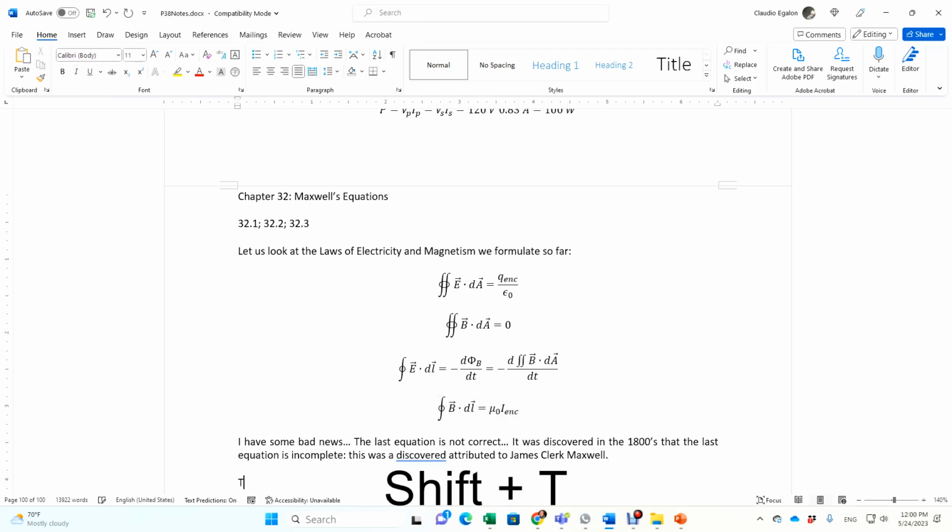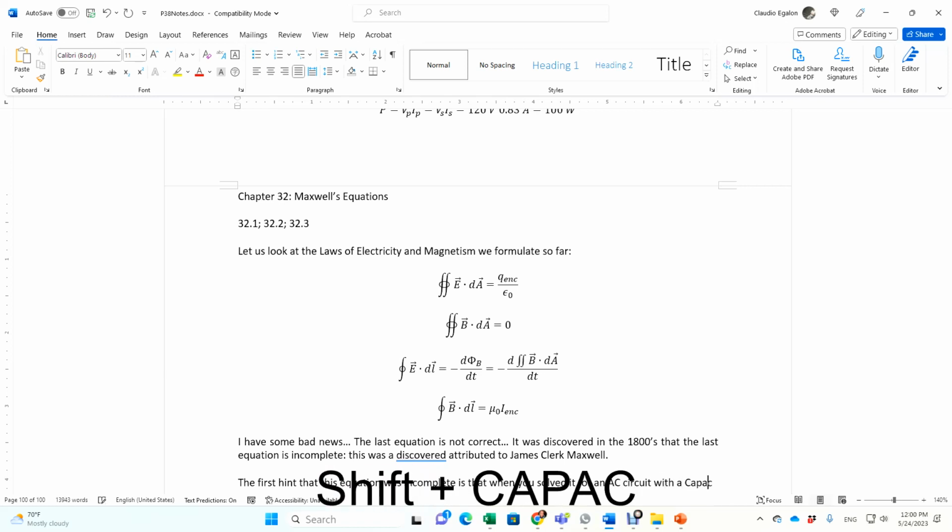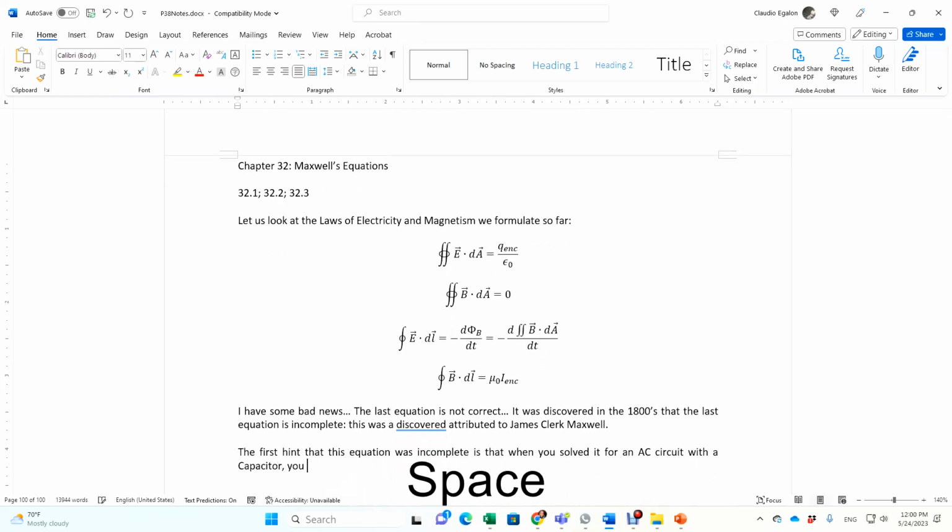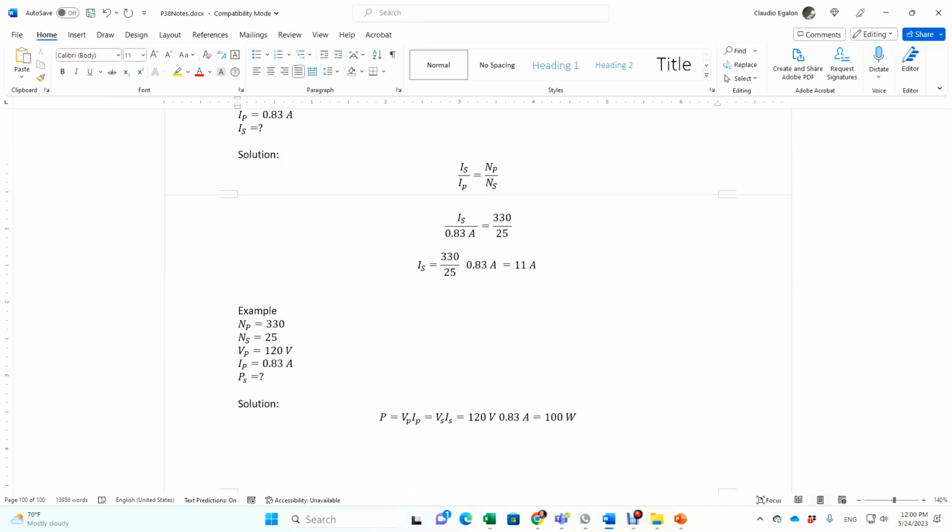The first hint that this equation was incomplete is that when you solved it for an AC circuit with a capacitor, you would find that there was no physical current flowing from one plate of the capacitor to the other.